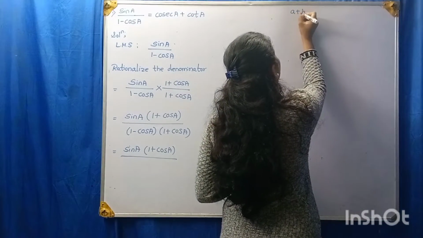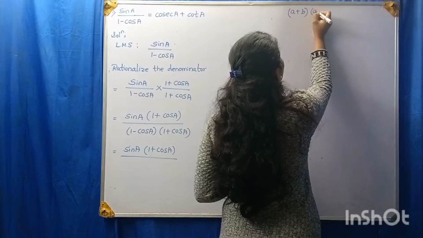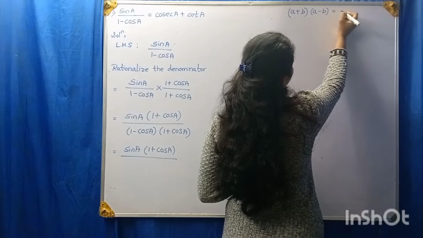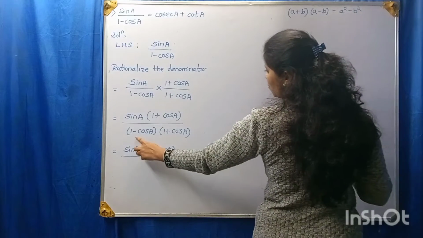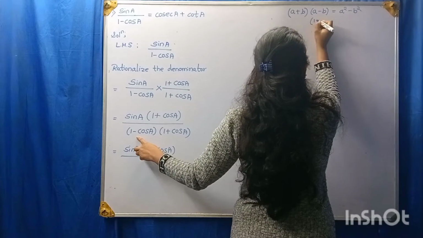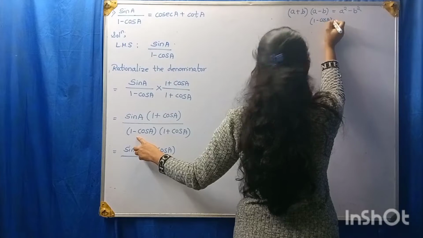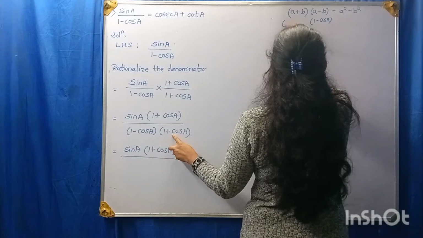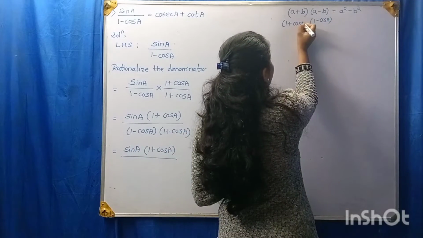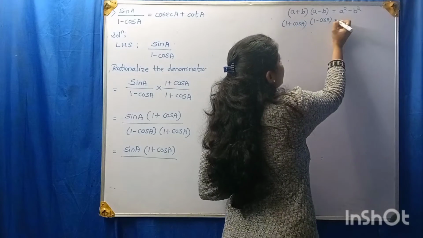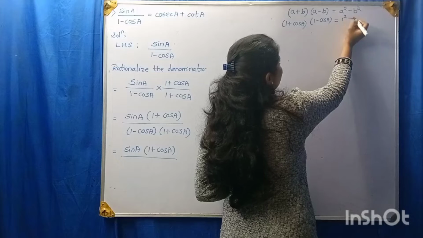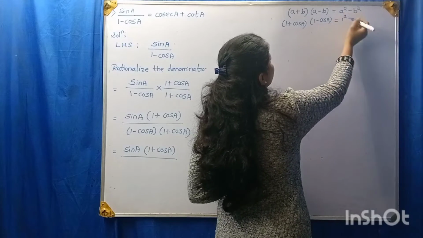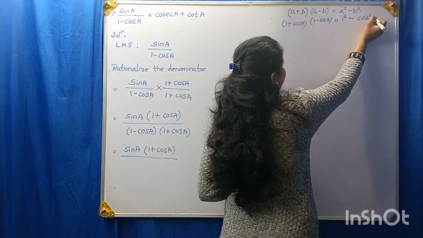A plus B into A minus B is equal to A square minus B square. Here we have 1 minus cos A into 1 plus cos A. I can write it as A square, A square means 1 square, minus B square, which will become cos square A.